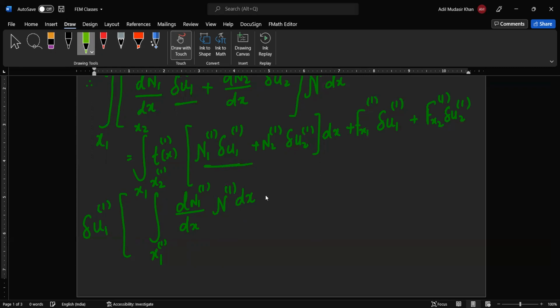Then we have this term: minus the integral going from x1 to x2 for element 1 of t of x n1 d of x.